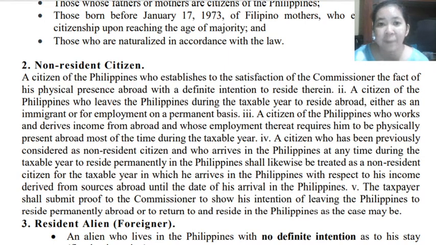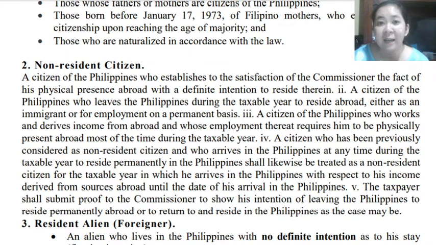So we have here the different requisites. A citizen of the Philippines who leaves during a taxable year to reside abroad, either as immigrant or for employment on a permanent basis, like our OFWs, is considered to be a non-resident citizen. Another is a citizen of the Philippines who works and derives income from abroad and whose employment therein requires him to be physically present abroad most of the time during the taxable year.